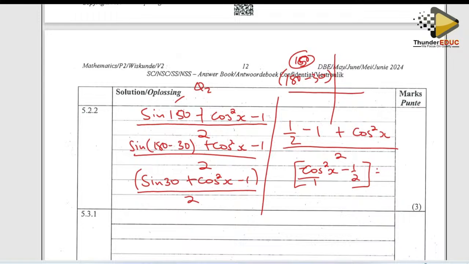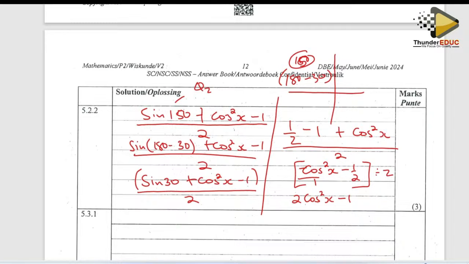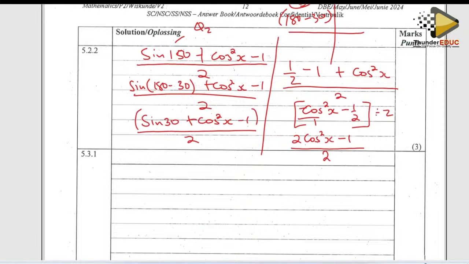Everything is divided by 2. For my fractions, I'm going to have 2 cos squared x minus 1 over 2, because the denominator is 2. Then I'm multiplying this by 1 over 1.